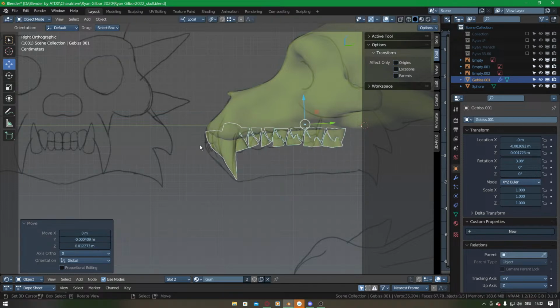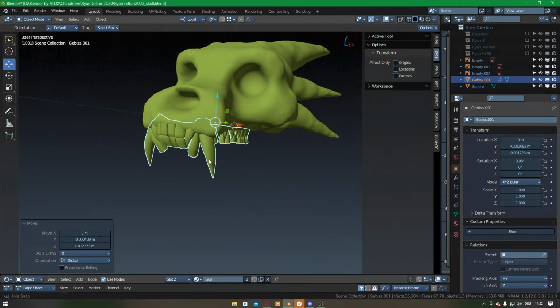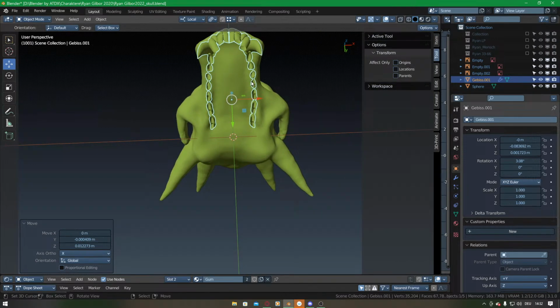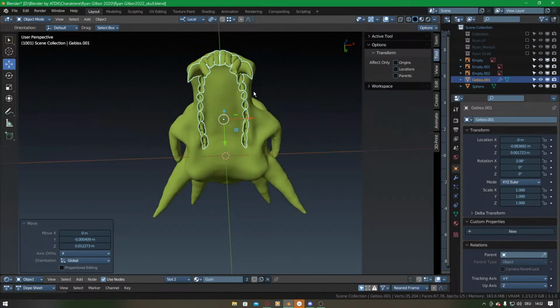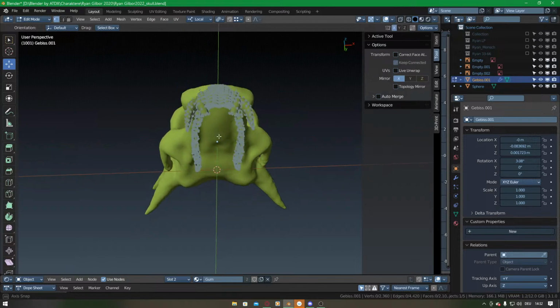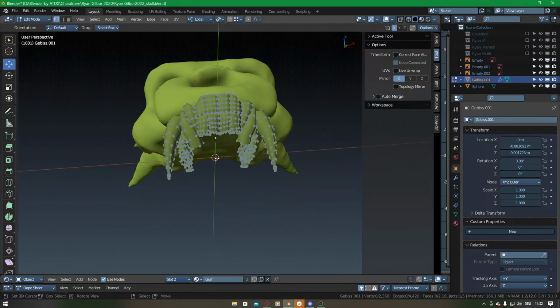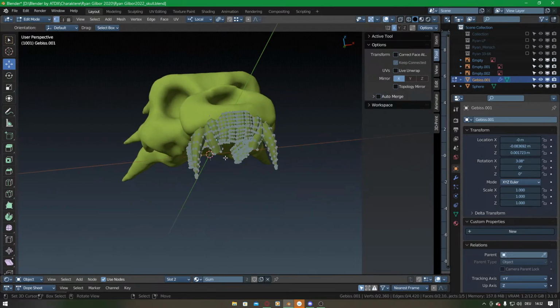It is kind of fitting, but a little bit too narrow. Let me just get rid of one half of it.